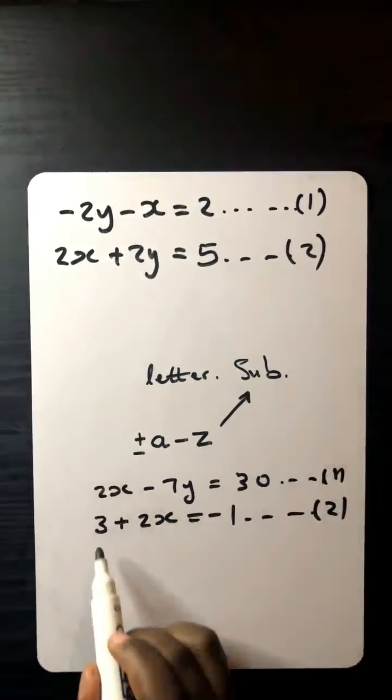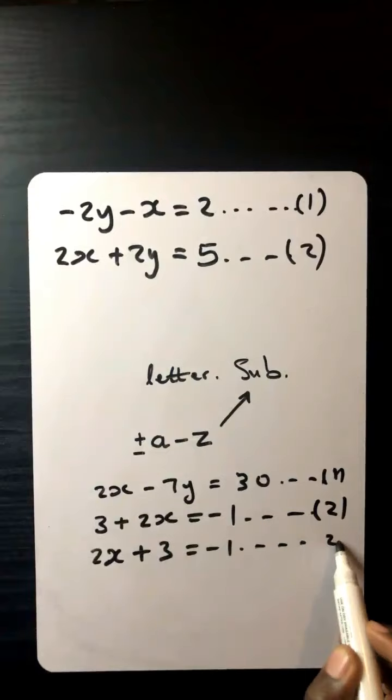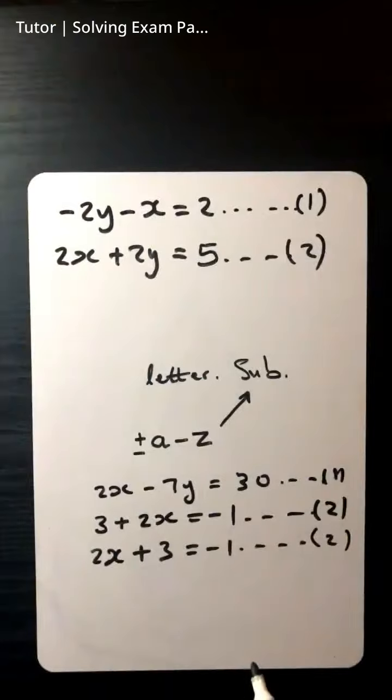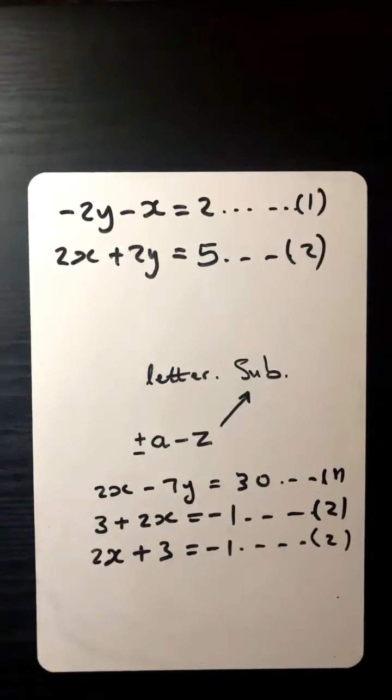So you've got that same term repeating itself. Remember, you can rewrite this as 2x plus 3y, and say it's equal to negative 1. This is still the same as equation number 2. You just rearranged that equation so that it's easy for you to notice if you can use the elimination or substitution method.